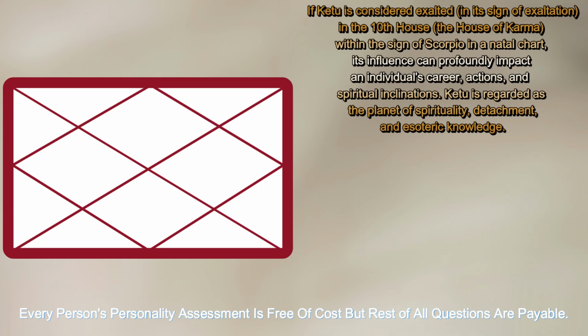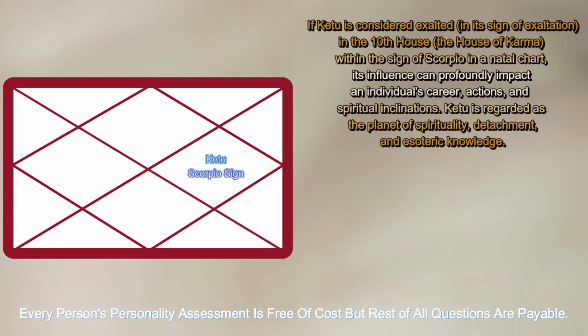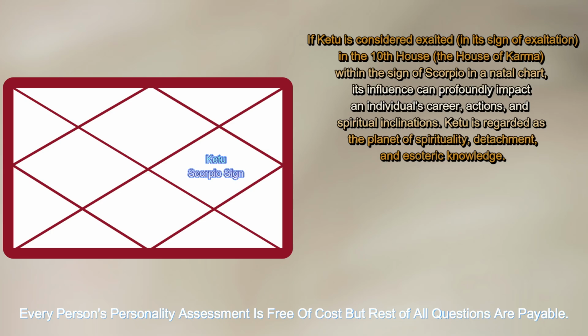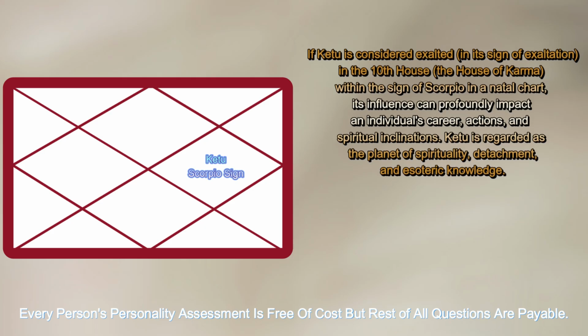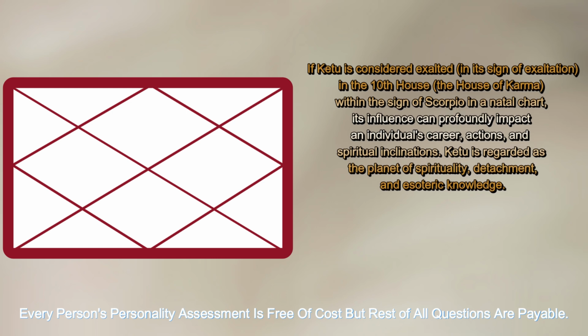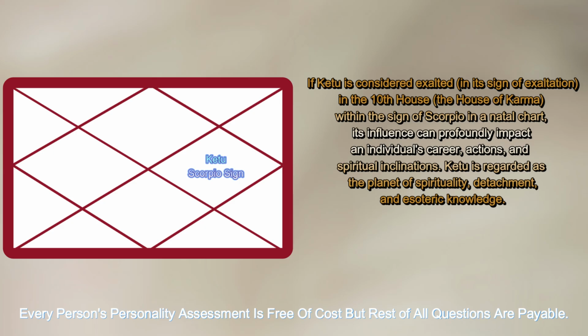If Ketu is considered exalted, in its sign of exaltation, in the 10th house, the house of karma, within the sign of Scorpio in a natal chart, its influence can profoundly impact an individual's career, actions, and spiritual inclinations.